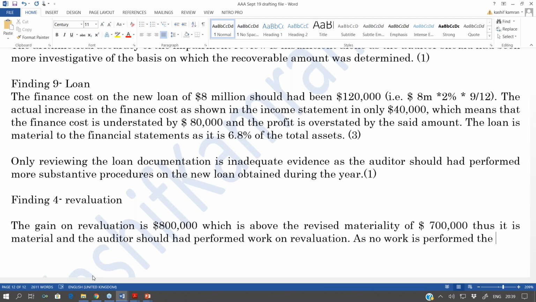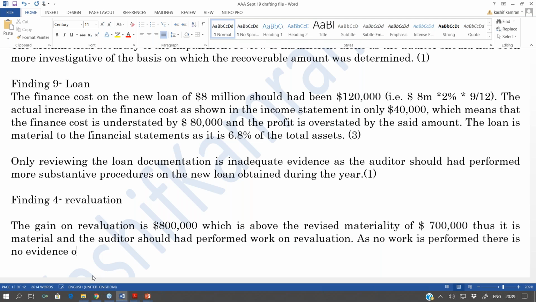Inadequate means when we have done something less. Is there inadequate evidence or is there no evidence? As no work is performed, there is no evidence on revaluation in the working paper file. Is that clear? So we are gaining our first 1 mark.